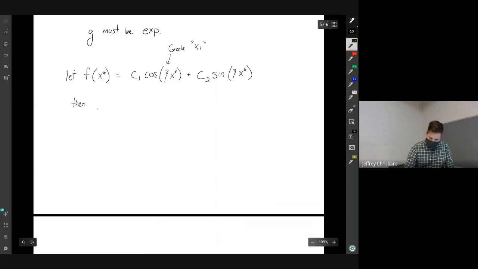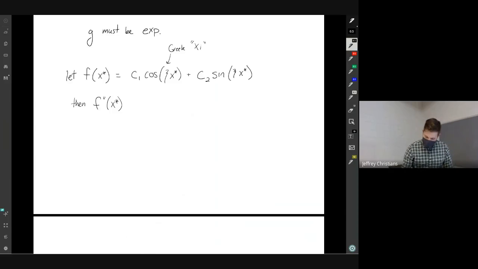So then f double prime of x star. So the second derivative, our C1 would stay, but the cosine, we take the derivative and we get, I always forget this, do you get negative sine or do you just get sine? Negative sine. You take the first derivative, you get negative sine. So you get negative c, the c pops out, negative sine. Then you take the derivative again and you get back to cosine, but you get another c popping out.